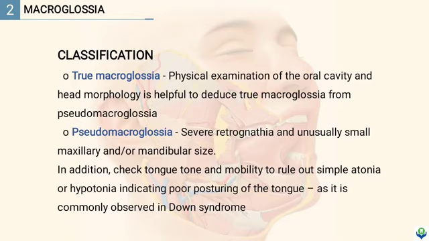In true macroglossia, the physical examination of the oral cavity and head morphology is helpful to differentiate true macroglossia from pseudomacroglossia. Pseudomacroglossia: severe retrognathia and usually small maxillary or mandibular size will show the tongue as a smaller structure due to the surroundings' influence.